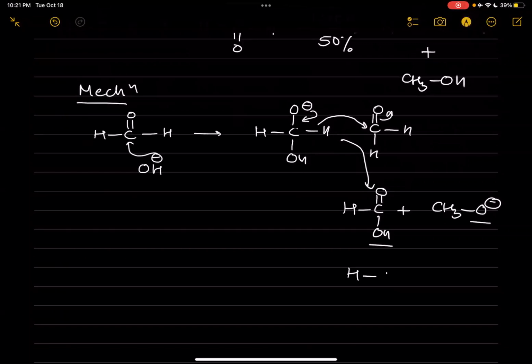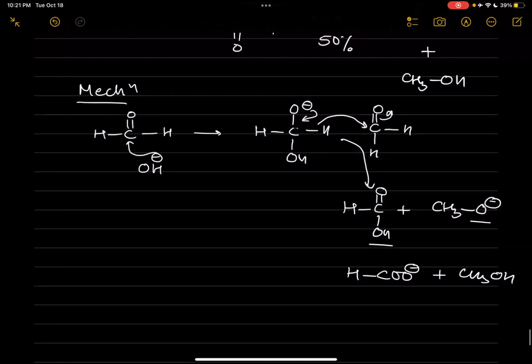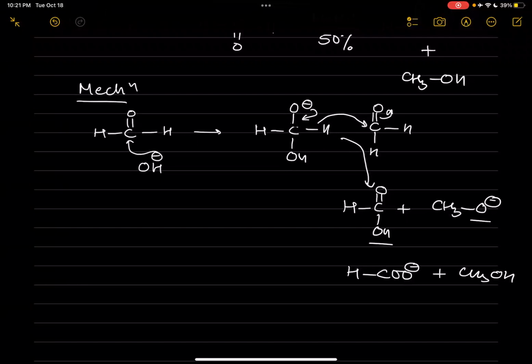So a quick exchange is going to happen, and that's how you're going to get the products. One is oxidized, another is reduced.